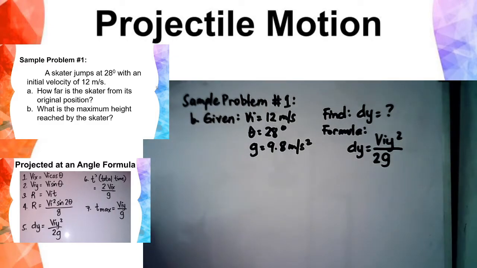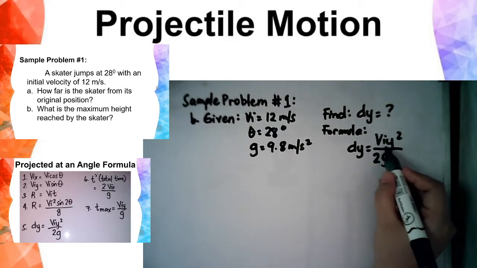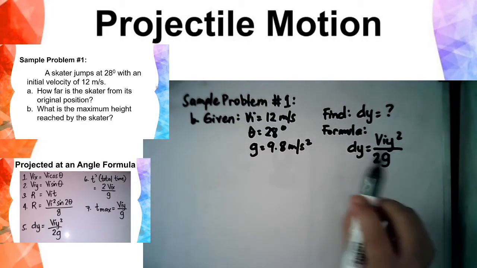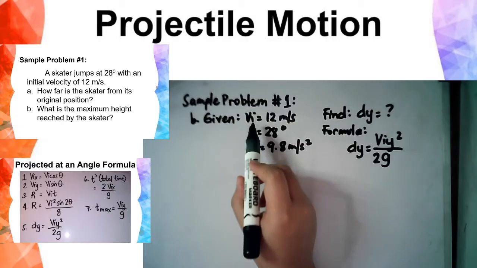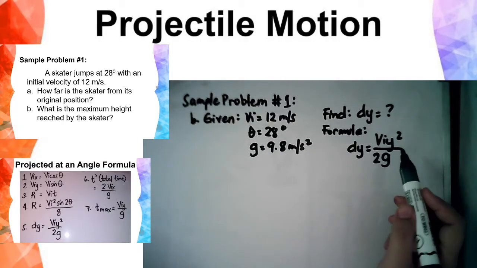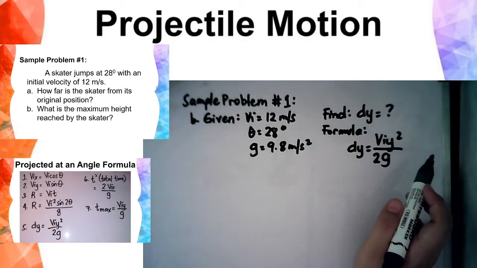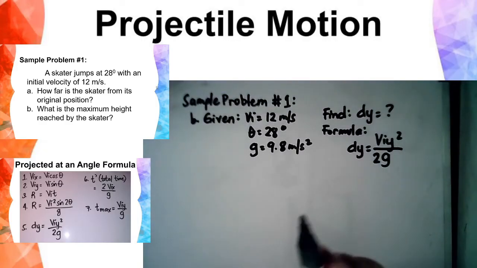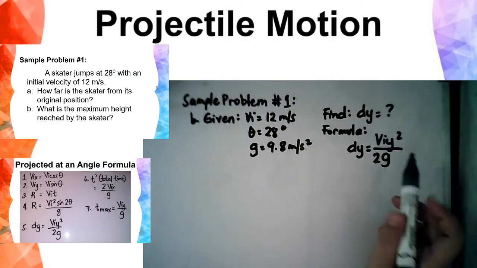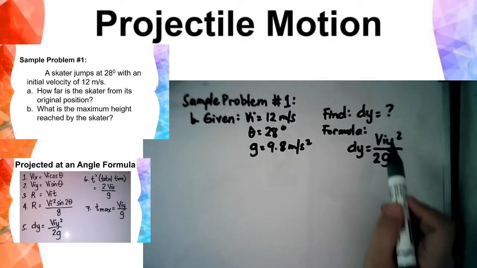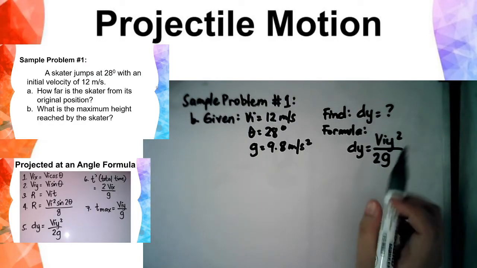Okay. So kung mapapansin nyo dito sa nasa formula niya, we have viy. Okay. So hindi lang siya basta vi or the initial velocity. So we will still be using the formula number 2, which is viy is equal to vi sine theta. Okay? So unahin muna natin isolve tong viy bago natin masosolve yung dy or the height.